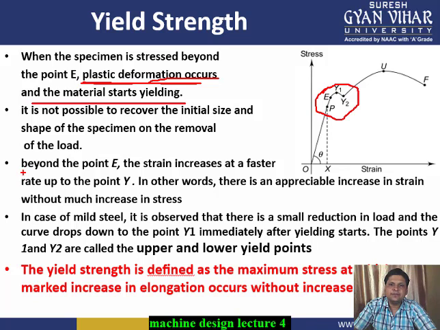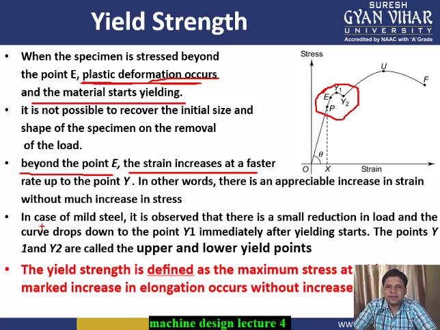All right, beyond the point E, the stress increases at a faster rate up to the point Y. After this point E, when you again increase the load, strain increases at a faster rate as compared to stress. So in other words, there is appreciable increase in strain without much increase in stress.